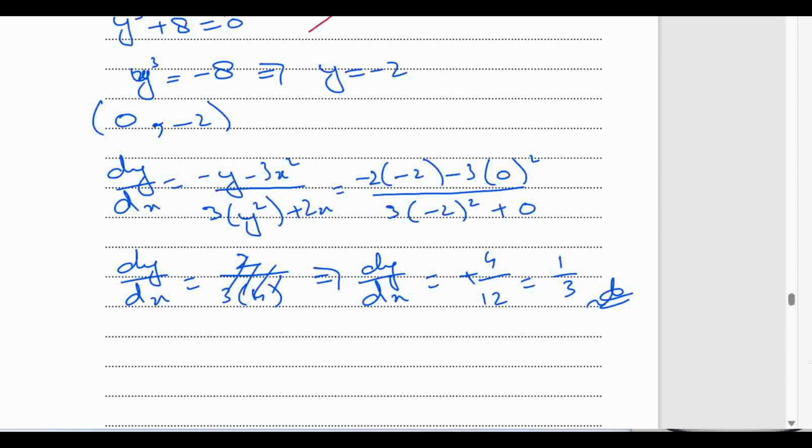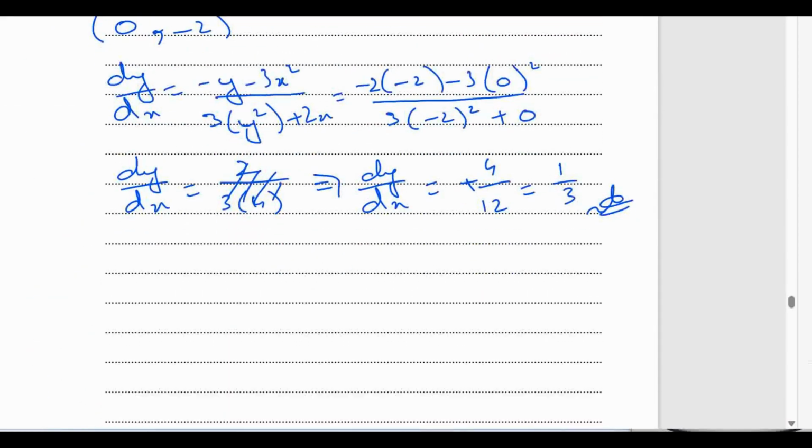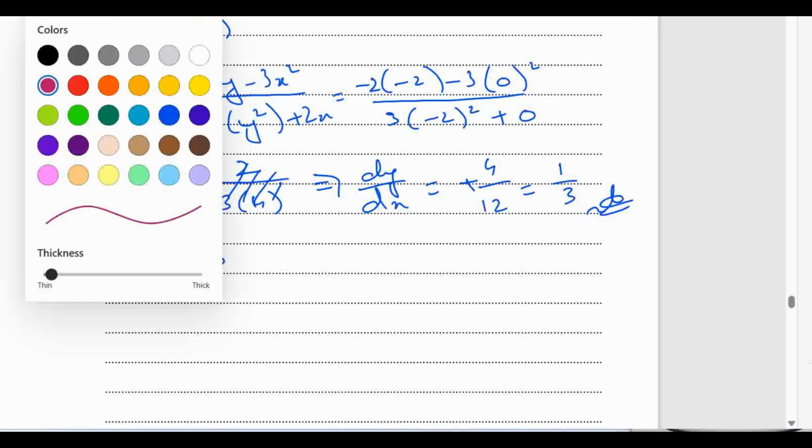So for the next angle, that is the angle theta. So theta will be equals to, now let's work out for theta. So at y equals 0, because it is clearly mentioned in the question.